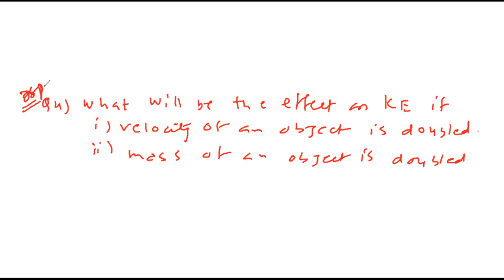So that means something is in the form of square. When I double, it becomes 4 times. So can I say kinetic energy is half mv square? So when velocity is doubled, the square of double is 4 times.